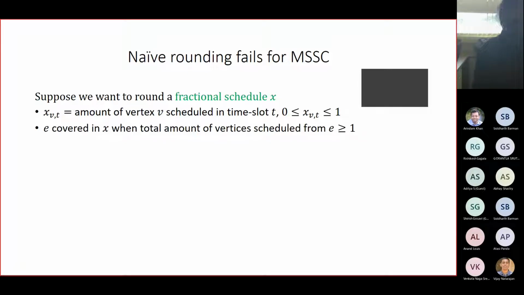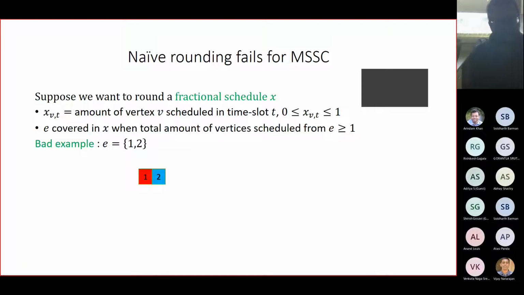So let's see how we might do that. Let's say that an edge e is covered by the fractional schedule if the total extent of vertices scheduled from this edge is at least 1. Here's an example which is difficult to round independently.